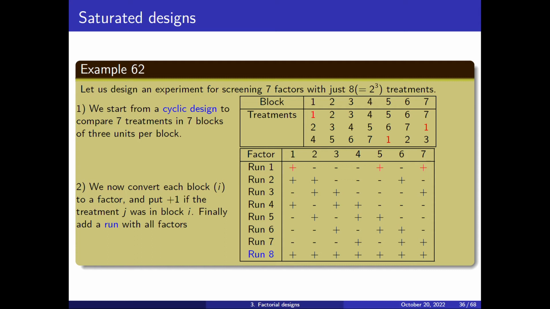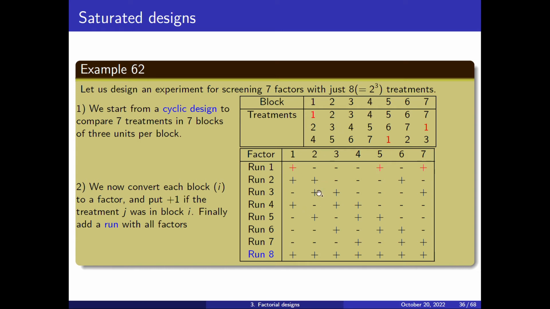Here it is the same idea: we will have 8 runs, and factor 1 will be high only in the runs 1, 2, and 4, and then 2, 3, and 5.